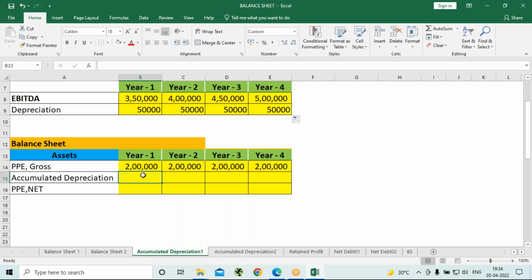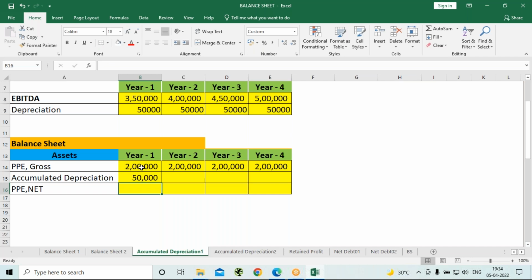Then from the second year onwards, PPE, meaning property, plant and equipment, equals the asset value divided by the lifespan of this asset, which is totally 4 years. So let me put it as 4.